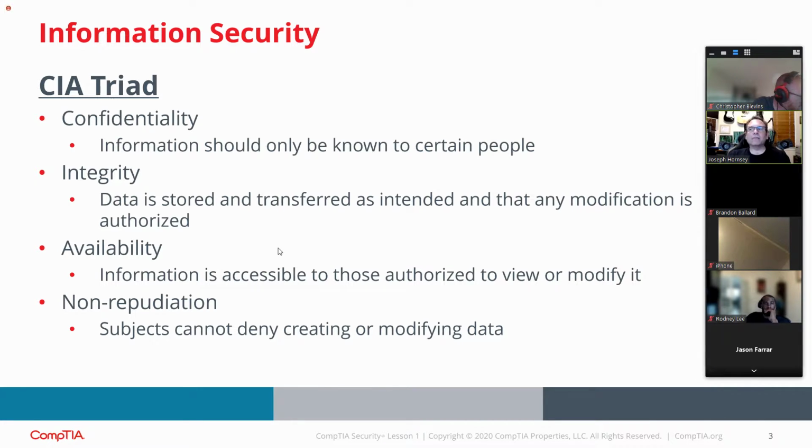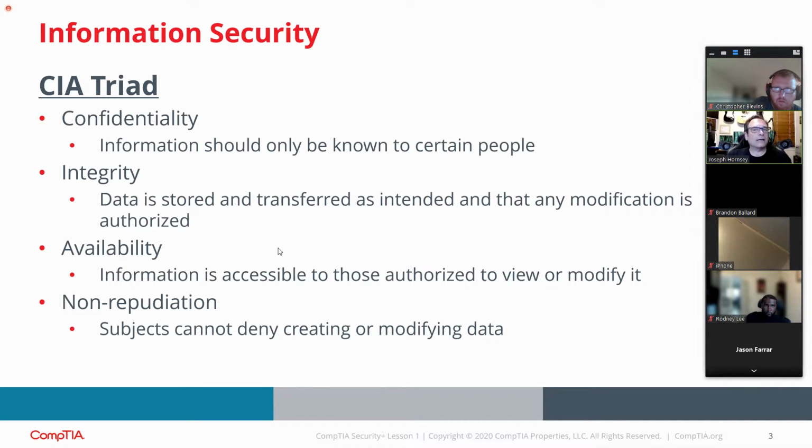Non-repudiation means that if you perform some sort of action on the network, we know that you are the one who did it and you cannot deny having done it. Now, that isn't necessarily a sinister thing. We just need to make sure that whatever activity is occurring on the network, we know who did it. And so that principle of non-repudiation is very, very important.